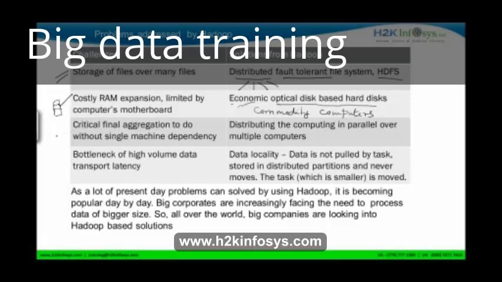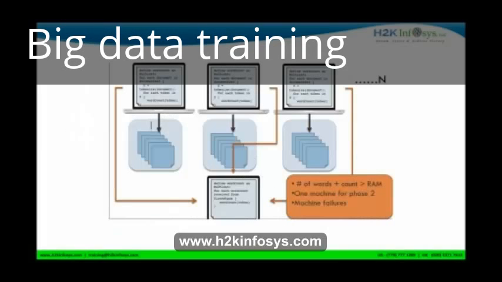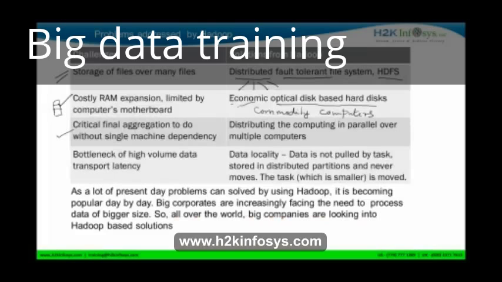Third problem that the traditional systems were facing was that the critical final aggregation had to be done on a single machine. Remember the single machine that I was talking about? The one that did the aggregation from the other machines which were running the program. That final aggregation was dependent on the single machine.